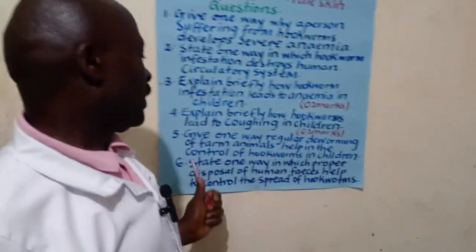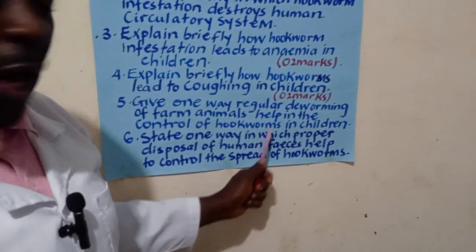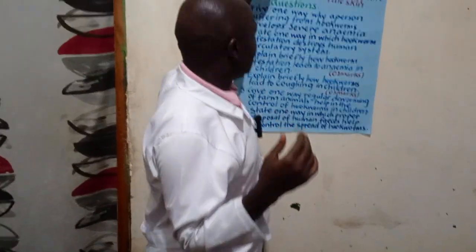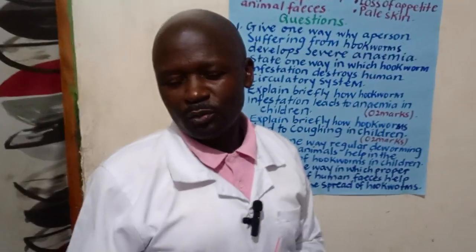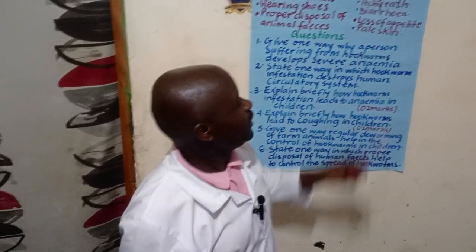Then the last question: state one way in which proper disposal of human or animal feces helps control the spread of hookworms in the community. And that is what we are supposed to do. Prepare very well, teach very well, assess your learners very well in line with what you will have taught. But make sure that you adopt a similar mode of assessment.